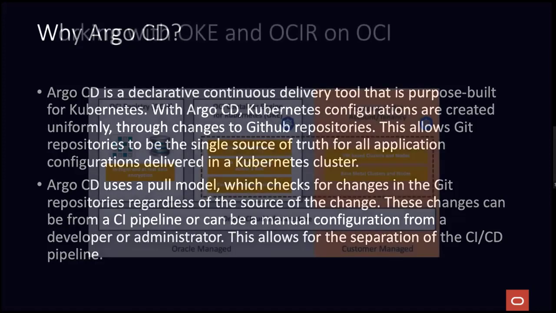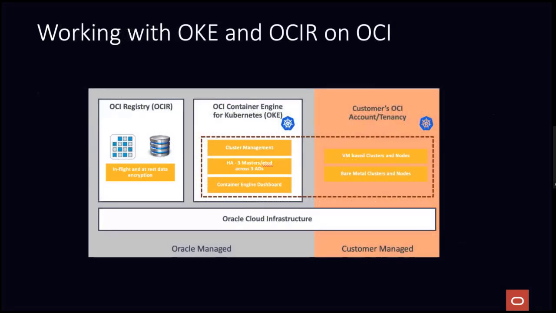When you're working with OKE, we definitely come up with OCIR and OKE. OKE is the Oracle Kubernetes Engine, and OCIR is the Oracle Cloud Infrastructure Registry. The gray area is mainly managed by Oracle. It is integrated with the registry, image storage, and the container engine.